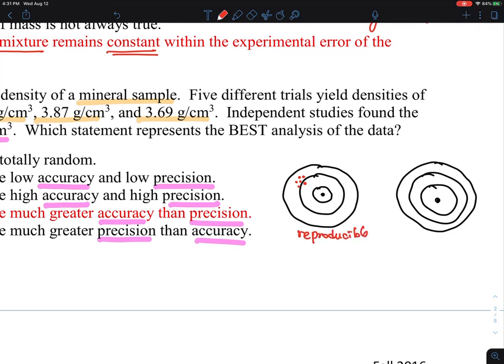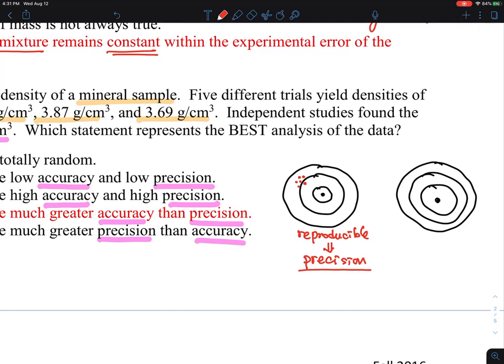Reproducible. That's common language, but this is related to the precision. You are essentially aiming not at the true value, but the measurement is very repeated and very precise, is the meaning of this.